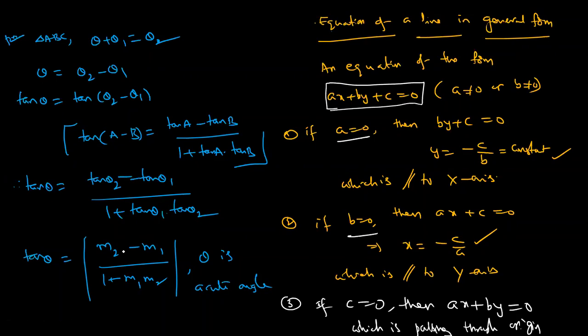Now, what is the standard form? Ax plus By plus C is equal to 0 means how to write here?